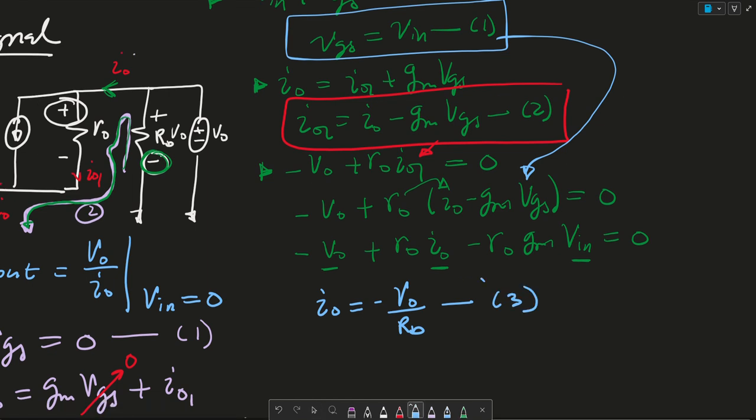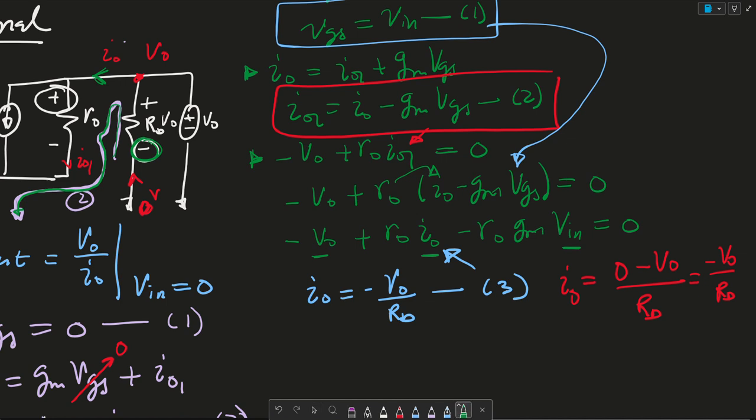In order to see how IO is equal to minus VO over RD more explicitly, you can consider that IO is the current that is flowing from ground, so 0 volt potential, to VO. So another way to write IO is 0 minus VO over RD. As a result, this is minus VO over RD.